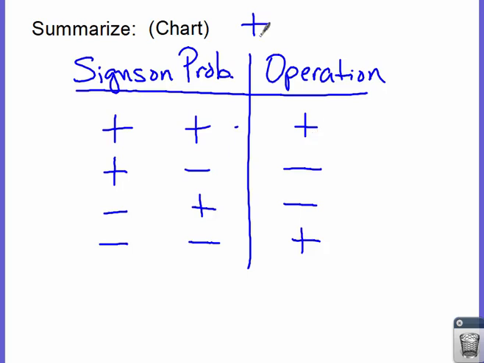In addition it talks about operation, but in multiplication, it talks about the sign on the answer. So a positive times a positive is a positive, but a positive times a negative gave me a negative. And a negative times a positive also gave me a negative, but a negative times a negative gave me a positive.